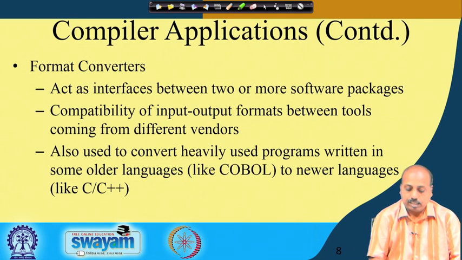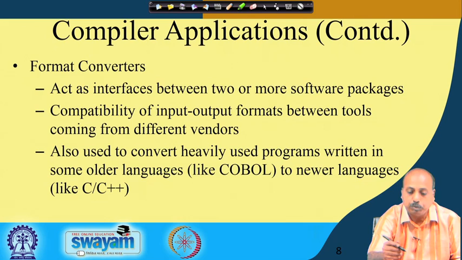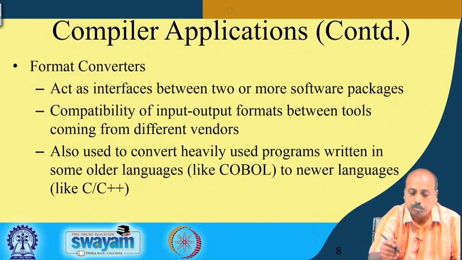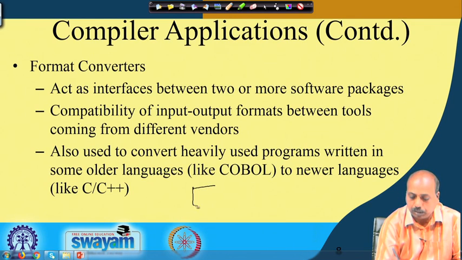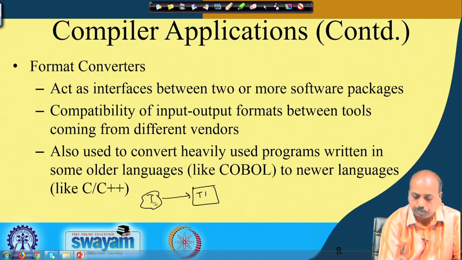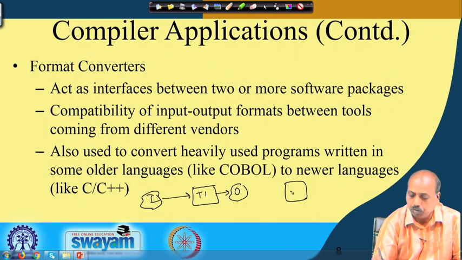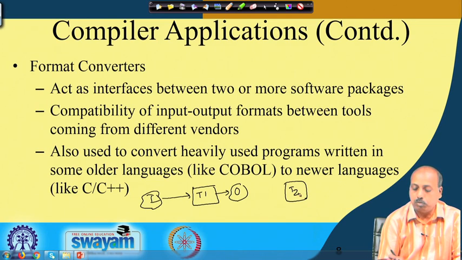So, the software output that we have from one tool. If this is, say, tool 1, it takes some input and produces some output, and then we have tool 2, but I need to feed the tool 1 output to tool 2, and it is not compatible.